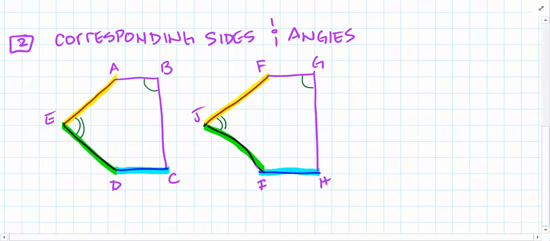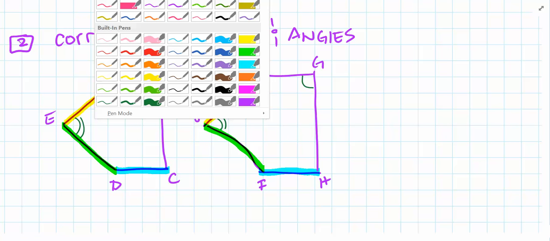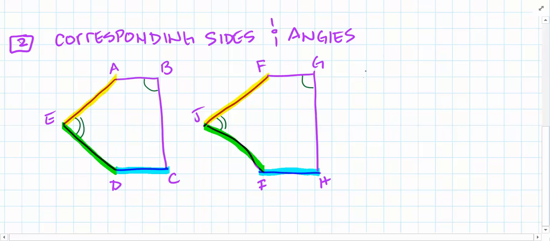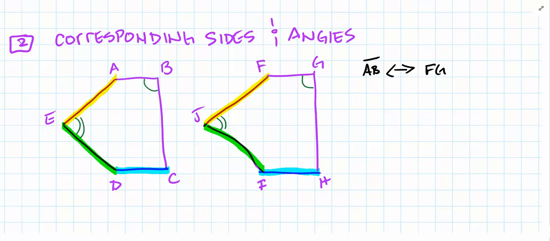So here's what we can say. We can say a whole bunch about this particular figure. We could say that segment AB is congruent to FG. So that little arrow going back and forth, it looks kind of like the if and only if symbol, except with only one arrow. That's going to represent corresponding, right? So AB corresponds to FG.